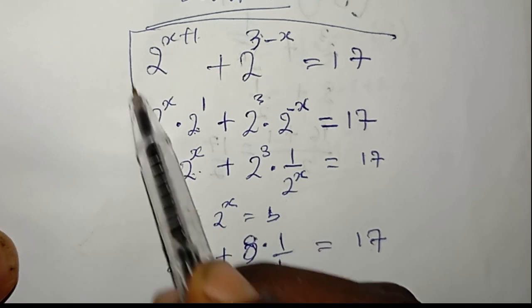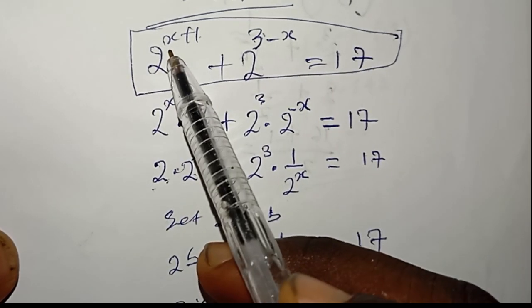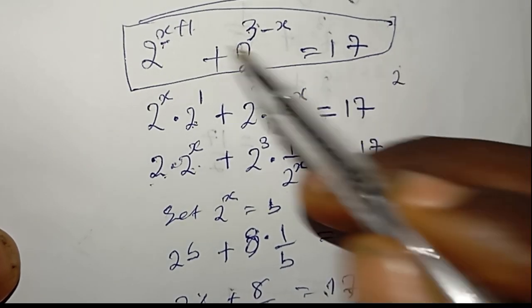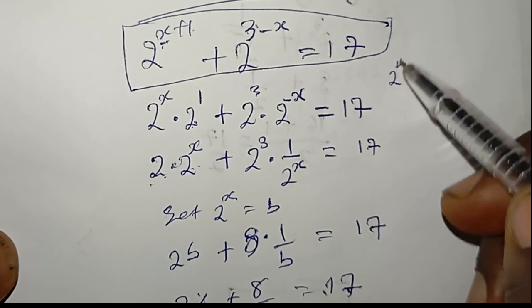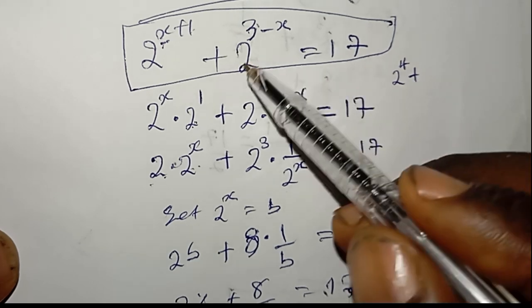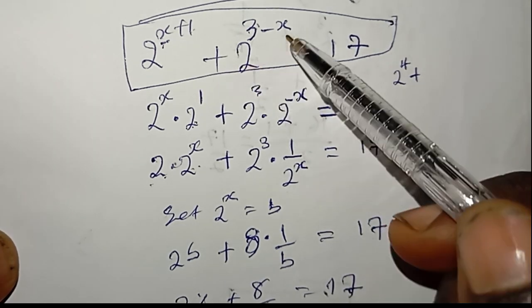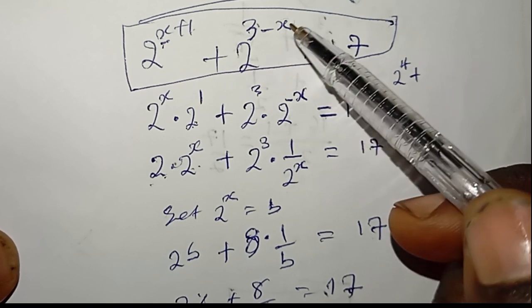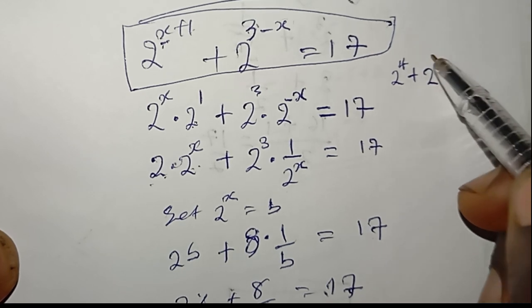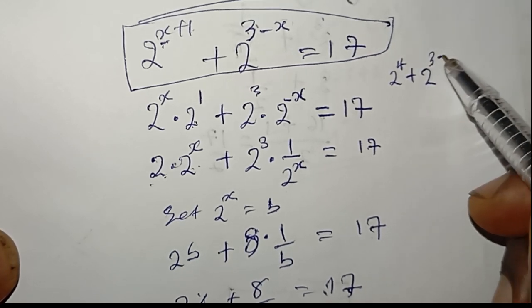Of course, you can go ahead and check. If we put x equal to 3 here, we have 3 plus 1, which is 4, so 2 power 4, plus 2 power 3 minus 3.